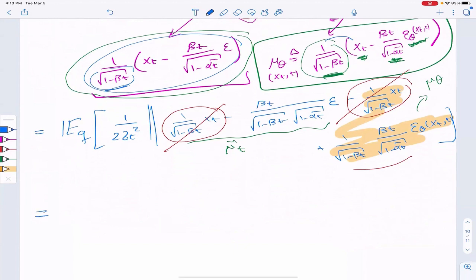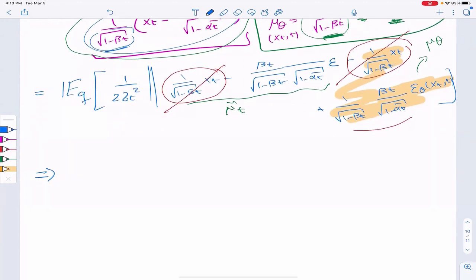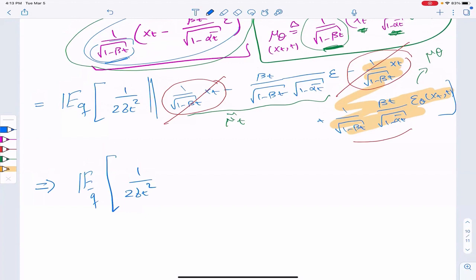So the whole objective can be written then as the following: expectation over q. I have this term already, 1 over 2 sigma t squared. And I'll just factor out this constant. I'll bring it outside of the norm. So I have the norm here, there will be the quadratic form of it. What do I get?